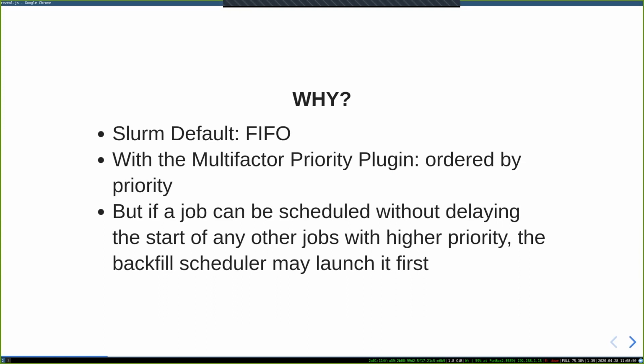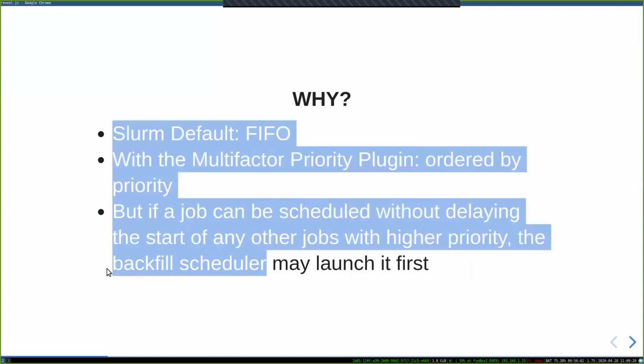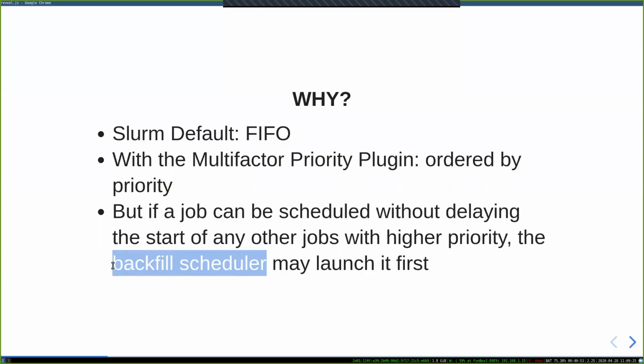But if Slurm is configured using the multi-factor priority plugin, then a priority value is computed for each job, and the jobs will be ordered by priority. Then, depending on the scheduler algorithm that we're using, the jobs will be executed strictly following this order, or if we instead have a backfill scheduler, then the scheduler will try to do something clever and start jobs that can execute without delaying any other job which has a higher priority.